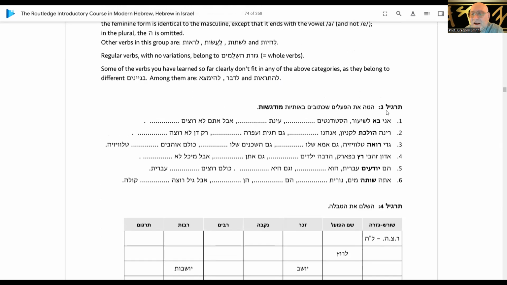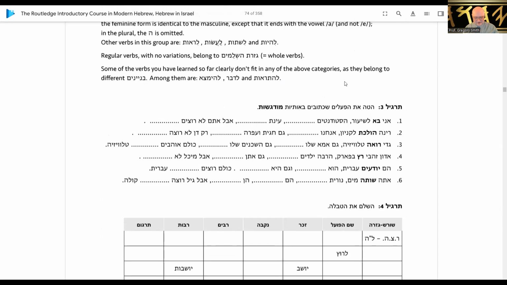This is targil shalosh, exercise 3. Hate et hapo'alim.